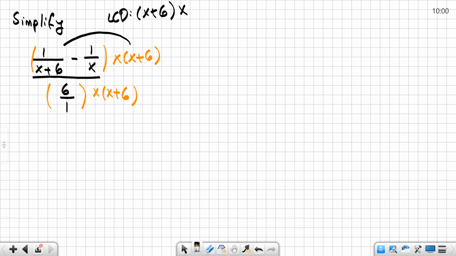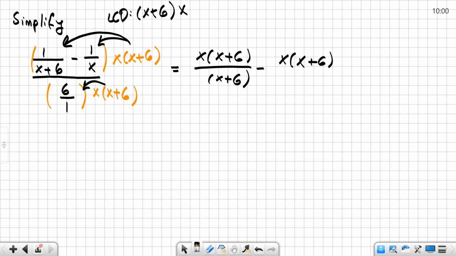So distributive property, and I will get 1 times x plus 6 divided by x plus 6, minus 1 times x plus 6 divided by x, all over 6 times x plus 6 divided by 1.